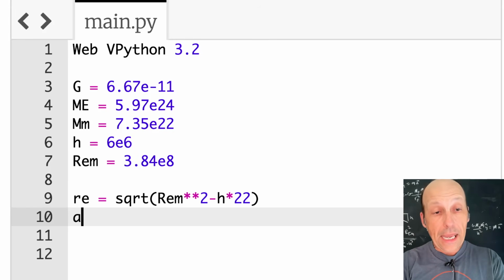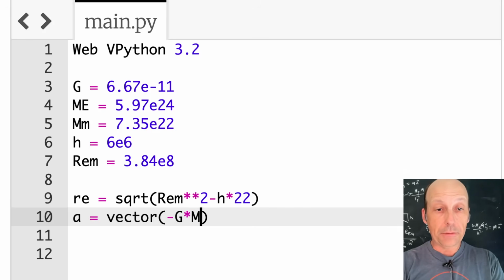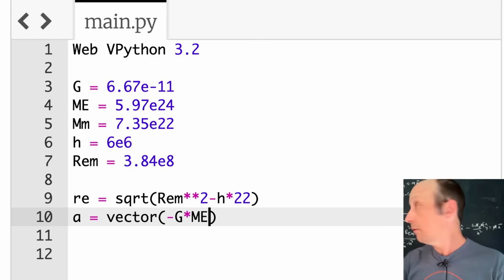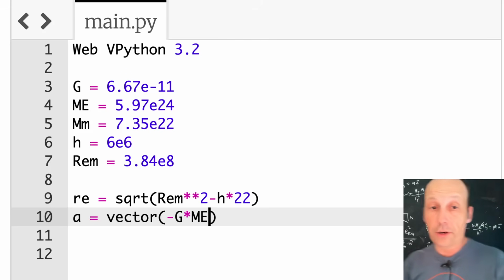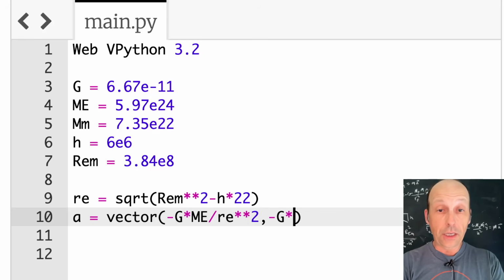So A is going to be equal to, I'm going to write it as a vector, negative g times mass of the Earth divided by RE squared. That's it. And then my y component is going to be negative g times mass of the moon. Case does matter in Python, so be very careful about that.